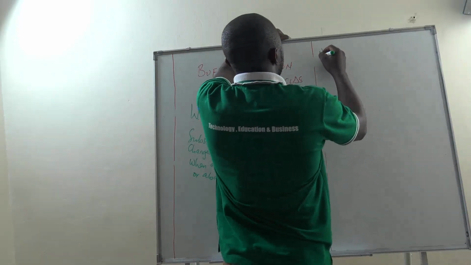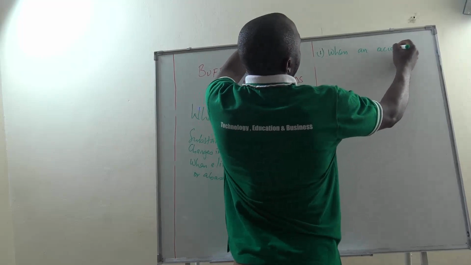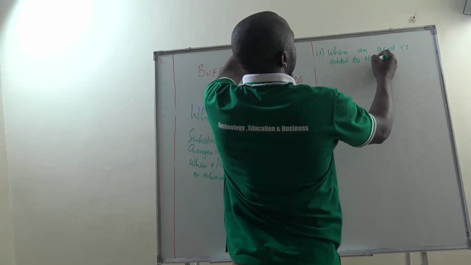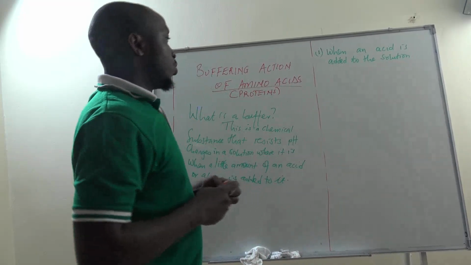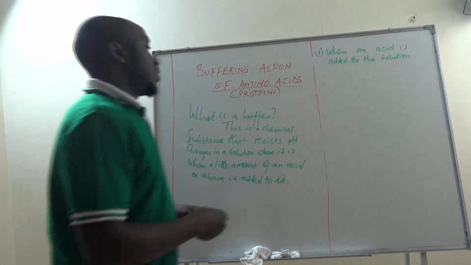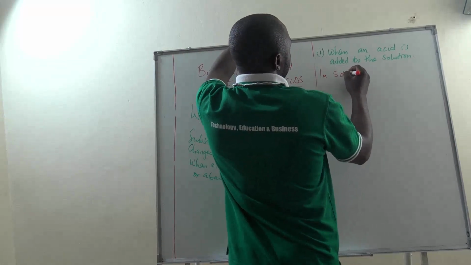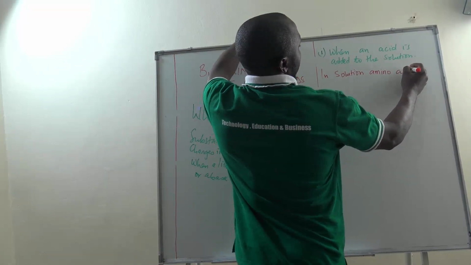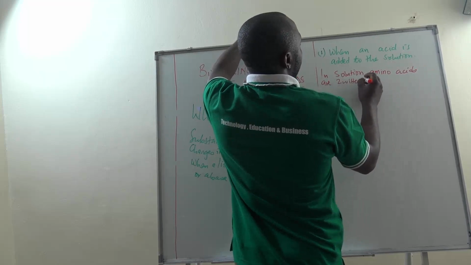So we take scenario 1. When an acid is added to the solution where amino acids are, how does it protect? Remember that in solution, amino acids are zwitter ions.